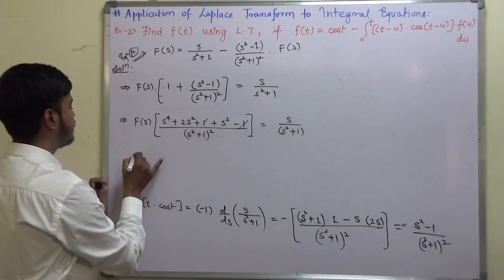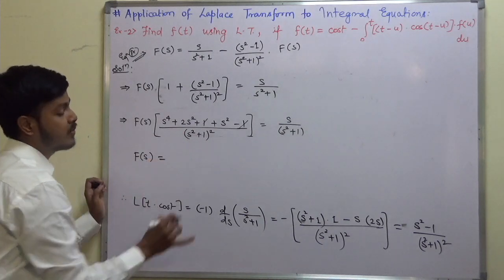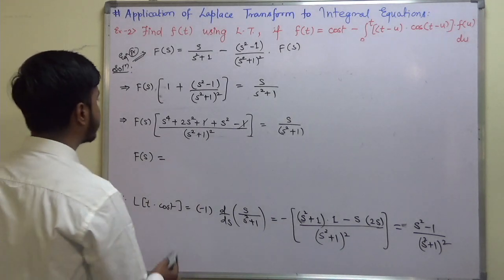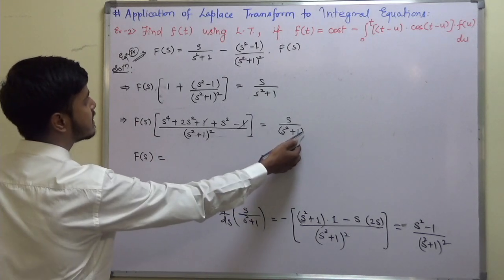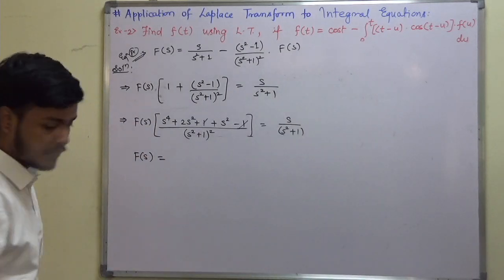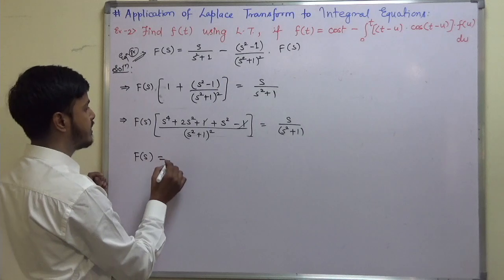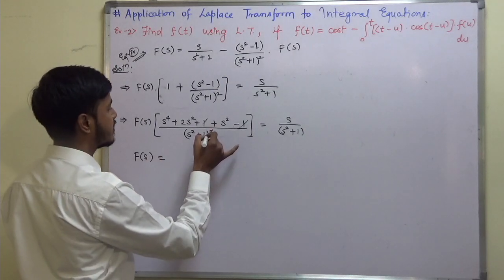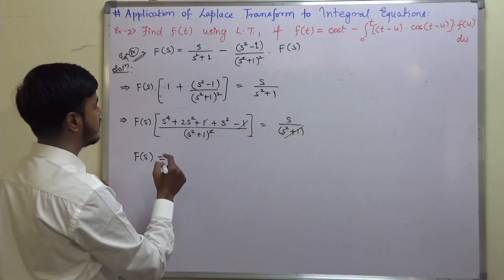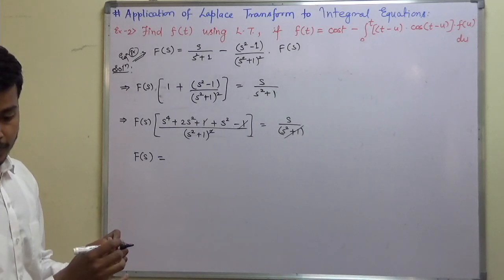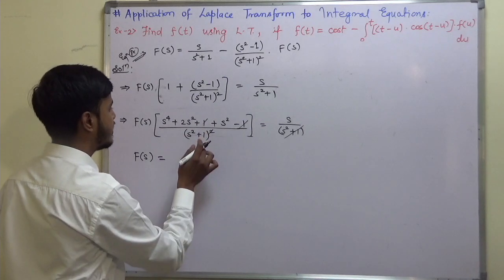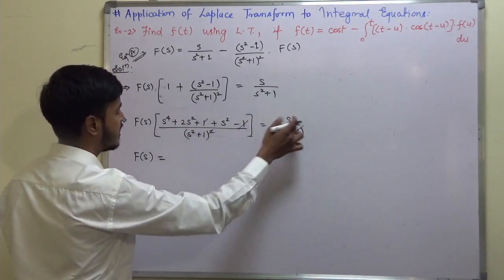So f of s is equal to, we have already s square plus 1. So this s square plus 1 gets cancelled with this. And here we have s to the power 4 plus 3s square. So from the numerator, just multiply to this.